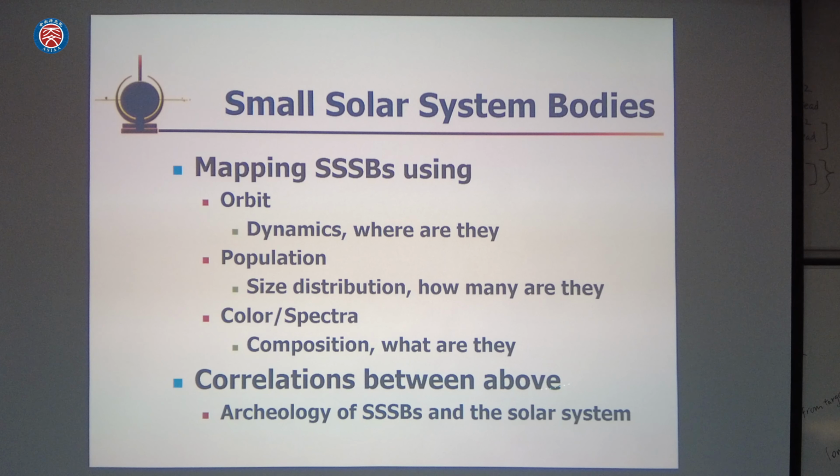Then we would like to know what they are, which means the composition of the asteroid, and we can tell this from their color or spectrum. After we obtain this information, we try to correlate these quantities and do the archaeology of these small bodies, and of the solar system as well.